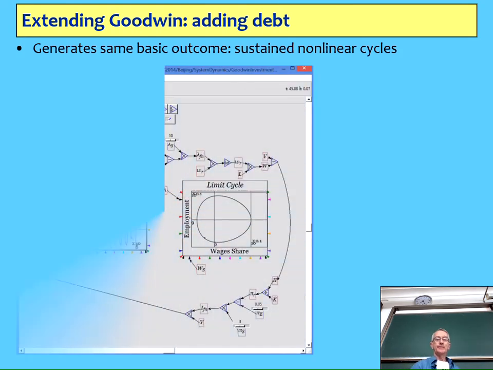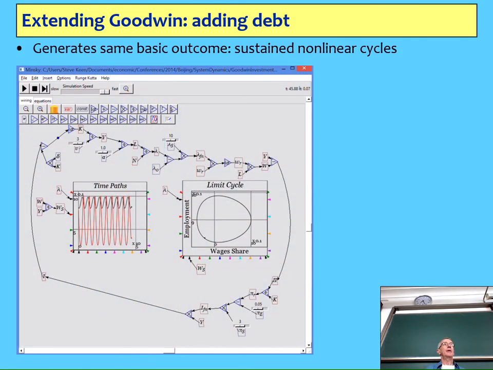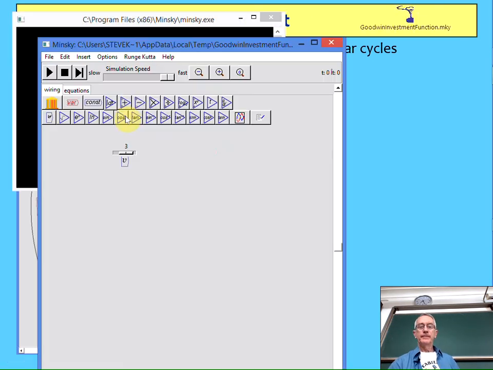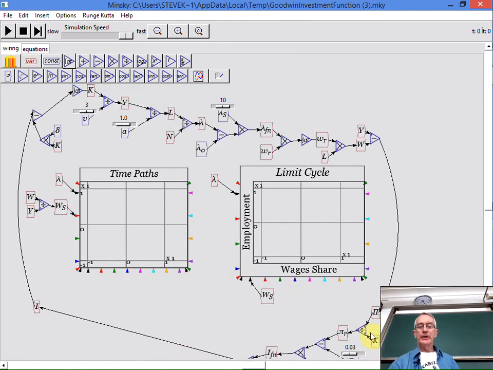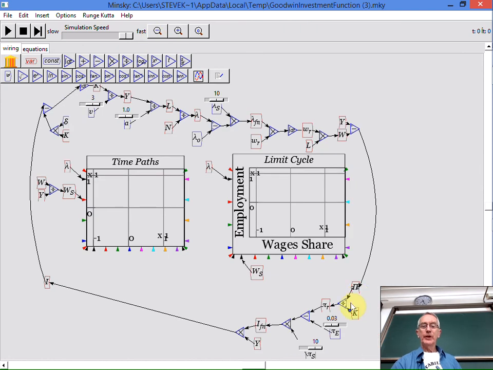And what you get is no apparent change. Still the same sort of cycle. So I bring that model up. I've now added down here, let's make it a bit smaller, profit here, divided by capital gives you profit rate.